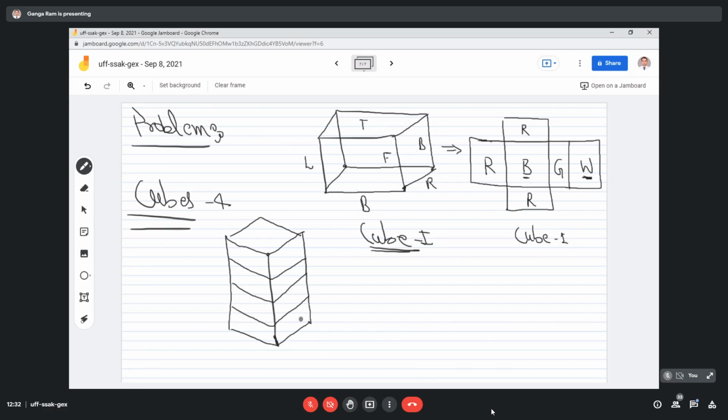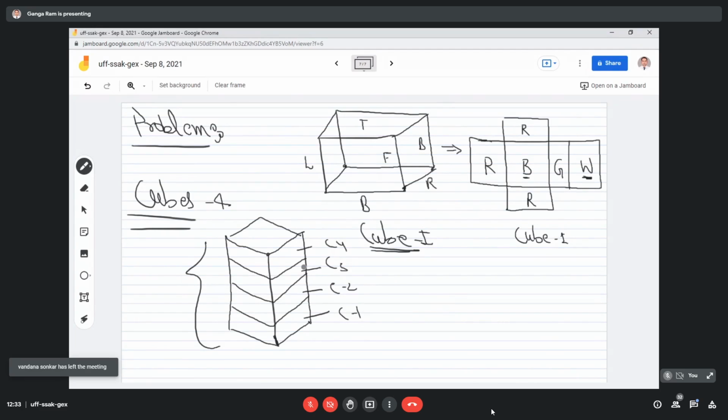This is cube C1, this is C2, this is C3, this is C4. We have to stack these 4 cubes one on top of another to form a column such that no color appears twice on any of the 4 sides of the column.